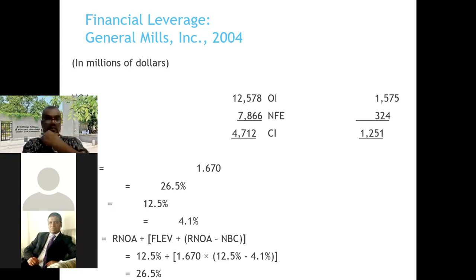So here we know the ROCE, 20.5, and also we know the return on net operating assets as well, and also the spread. From where did you get return on net operating assets? The 12.5 is also mentioned here. Yeah, it has been just given, but how do you calculate it?